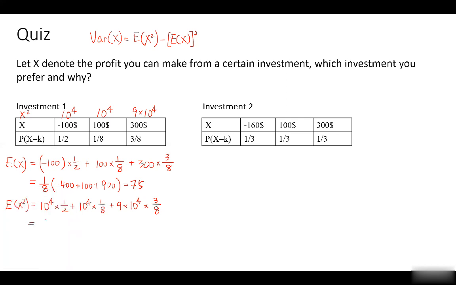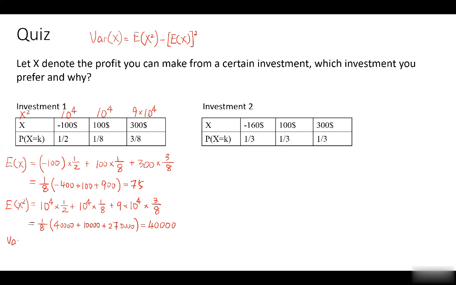Okay, then the expected value of X squared, if we put 1/8 in front, we will have the sum, and the final result is 40,000, right?